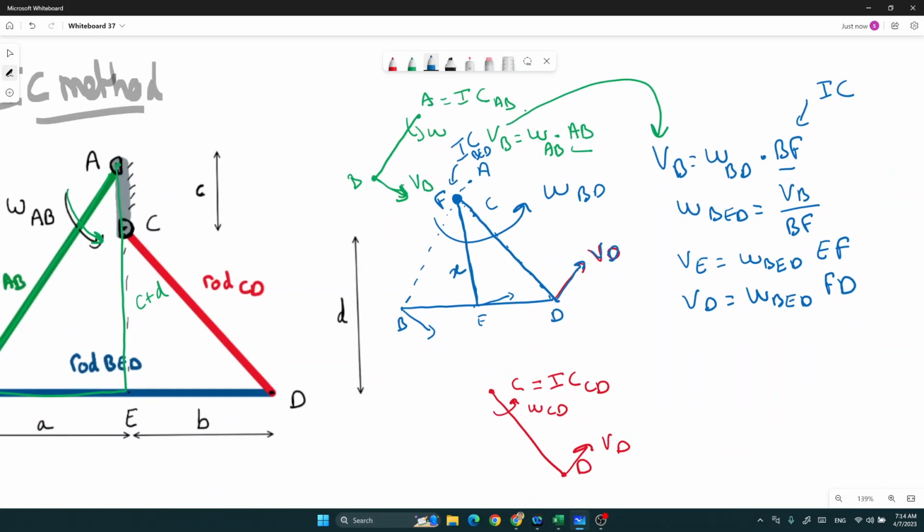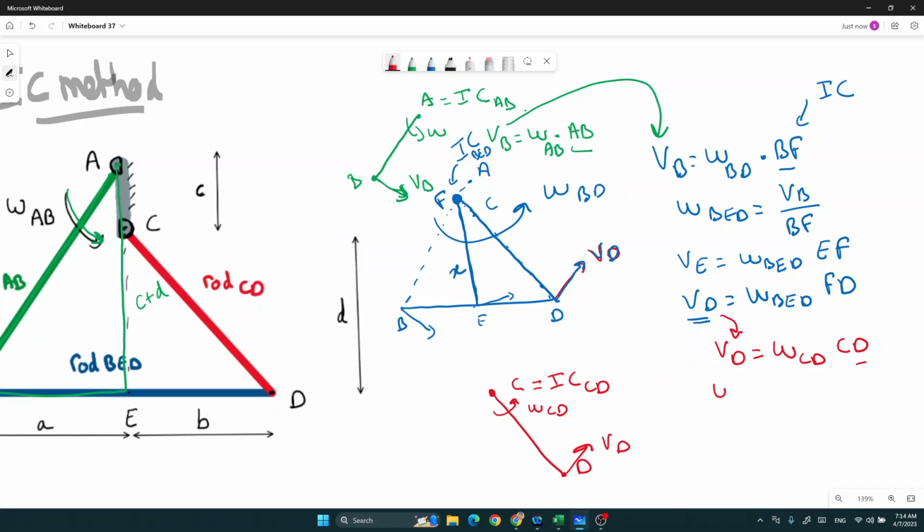Now that we have VD there, we can use VD in the last road, and we can write that VD equals omega CD, the last road, times the distance CD. Why CD? Because C is the IC. So you can use the VD there.